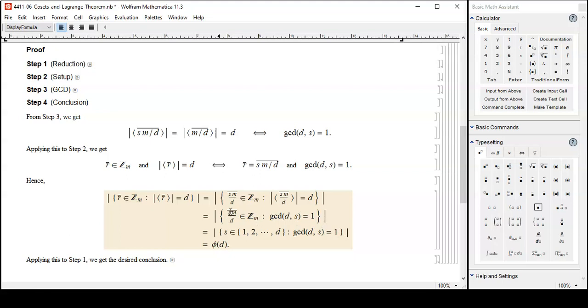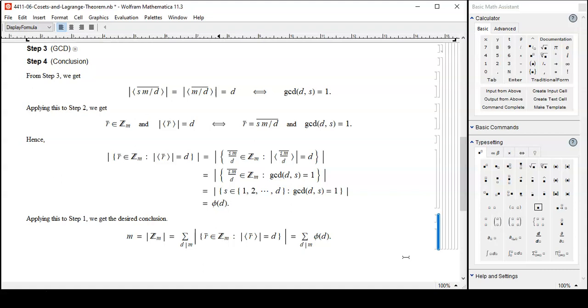Just look at what kind of s values can you get. 1 through d, where GCD is 1. Remember, instead of 0 through d minus 1, I did 1 through d for convenience. And then that's precisely phi of d, Euler totient function. If I apply this to step 1, I get the desired result. m is the order of Zm, which can be rewritten like this, sum of this cardinality, and that cardinality which I just established as phi of d, and that completes the proof.